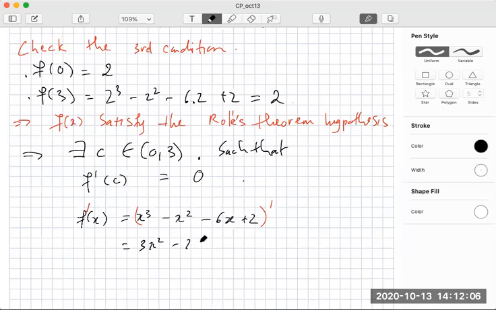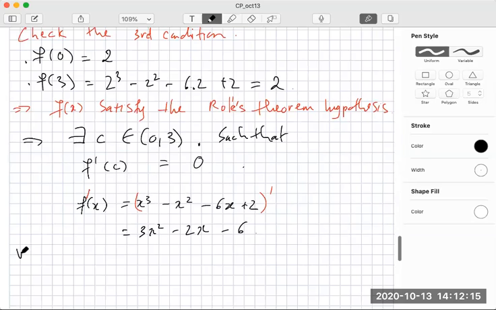And very good. Yes, we have this, right? So then we need to solve f prime of C, which will be 3c squared minus 2c minus 6 equal to 0, right? Okay?